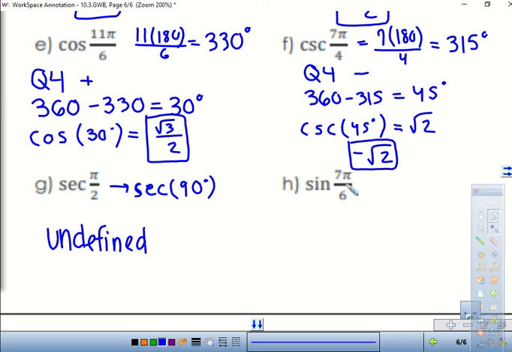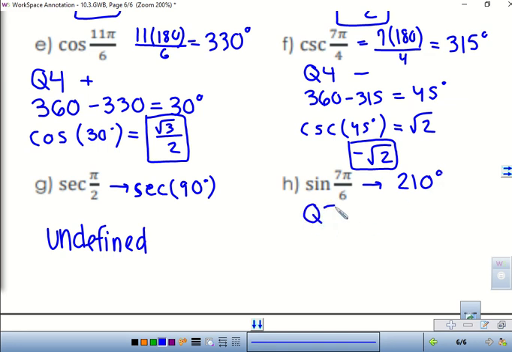So this is sine of 7 pi over 6. We convert this to degrees. What'd you say? 210. Thank you. So sine of 210. What quadrant is this? Q3. Sine is what in that quadrant? Negative. So that's 210 minus 180, which is 30.